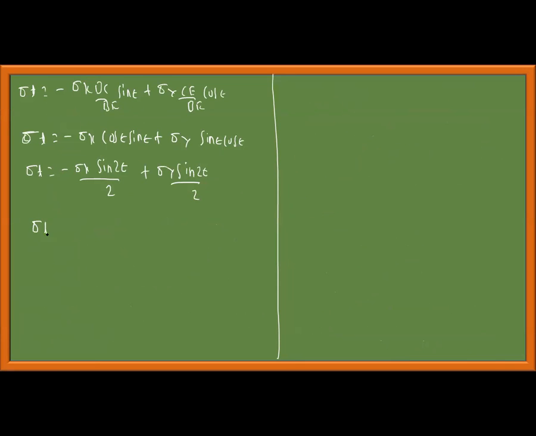Okay, sigma_t is equal to minus half of sigma_x minus sigma_y times sin 2 theta, since minus of minus sigma_x plus sigma_y is one and the same. Okay, I can write it like this. I got sigma_n, I got sigma_t.